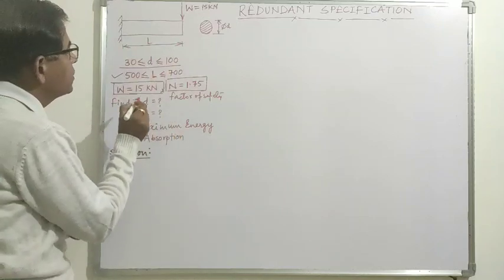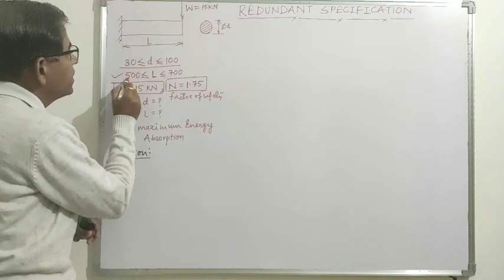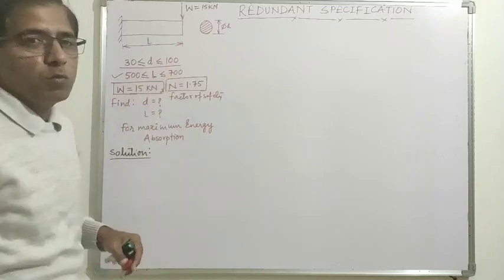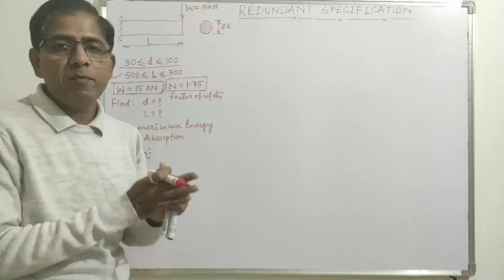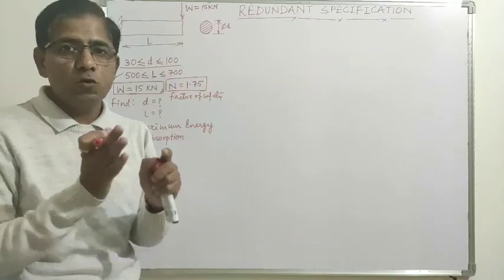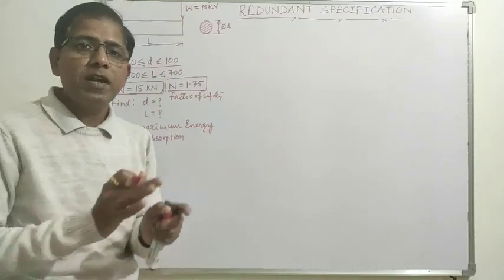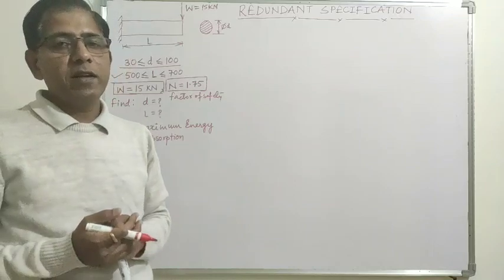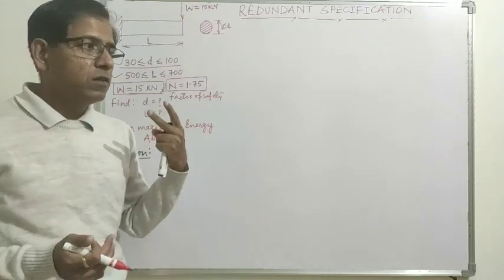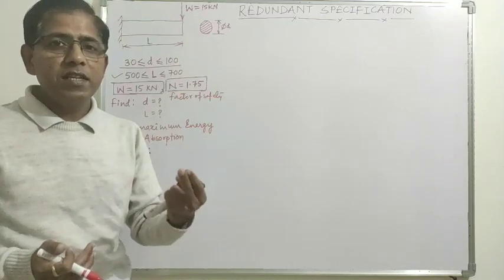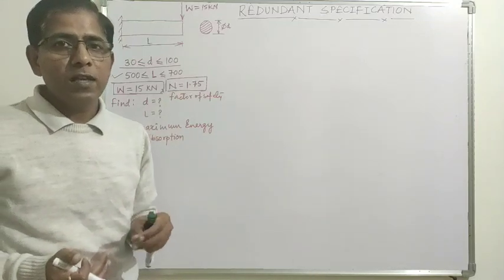And what is that constraint? It should not be less than 500 and should not be more than 700. So length should be in between 500 mm to 700 mm. So two constraints are imposed on the two parameters, that is d and L.